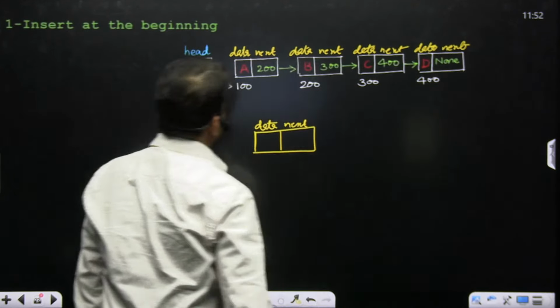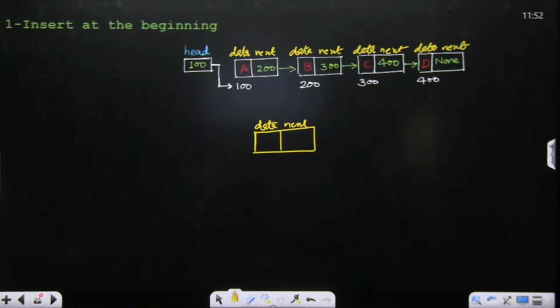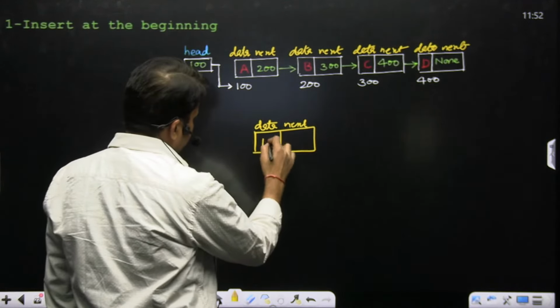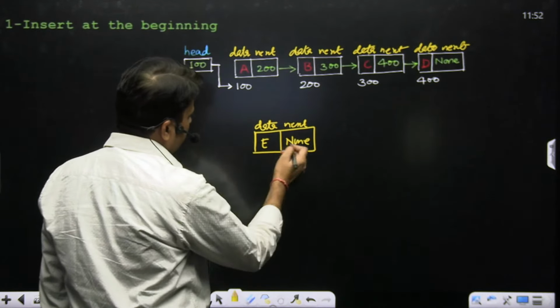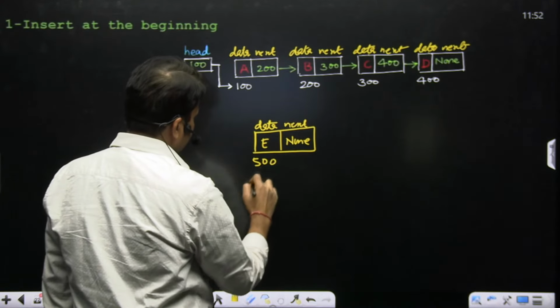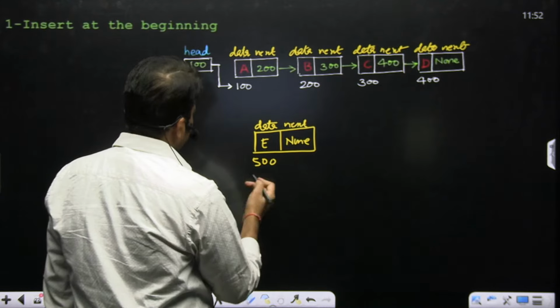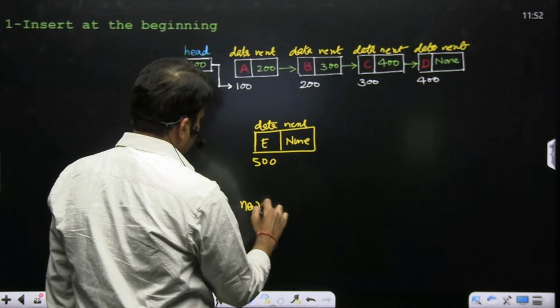Allocate memory for a node and assign data; let's say the data is E. The next part is automatically assigned None. The address of this node is 500, and I'm calling it the new node.